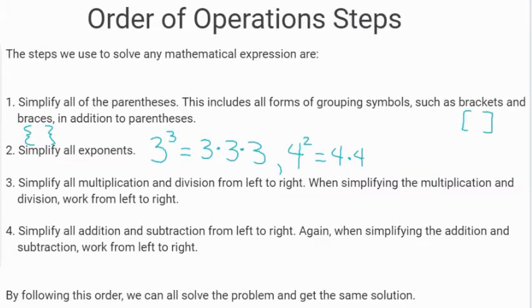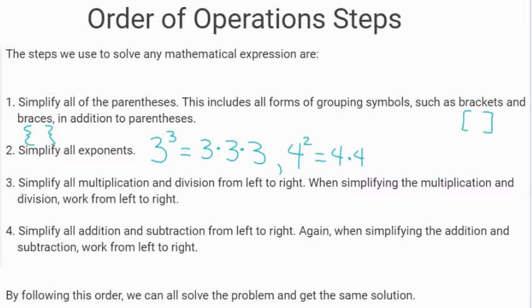If you have both going on, do that one first, and save the ones to the right for later, just like you're reading from left to right. The last step is similar, but it's addition and subtraction. Again, if you have a bunch of it going on, work from left to right, because there are certain circumstances where it can make a difference if you do not follow that.